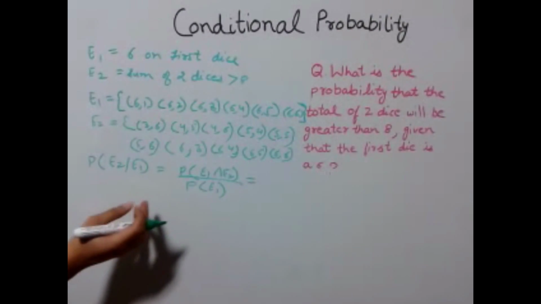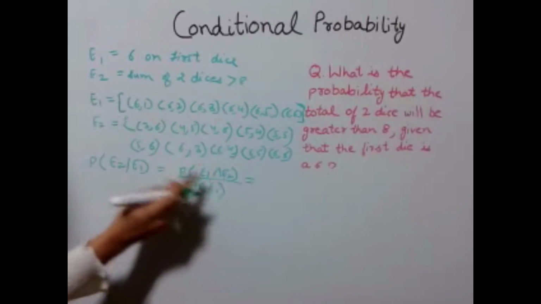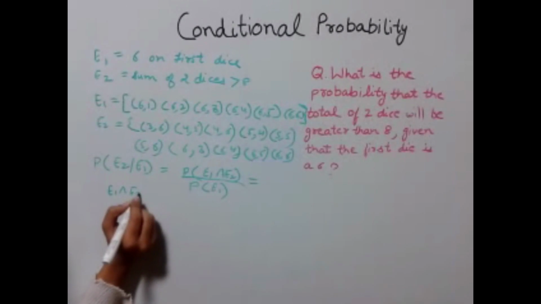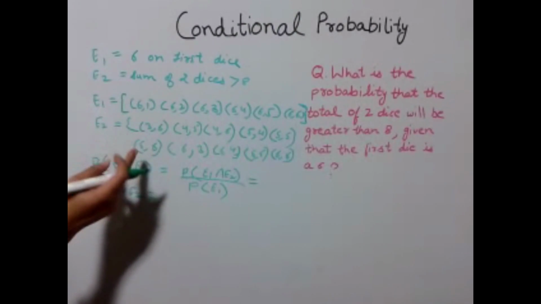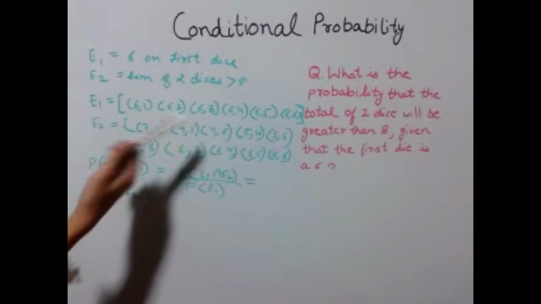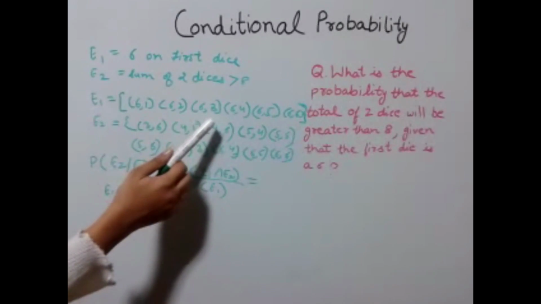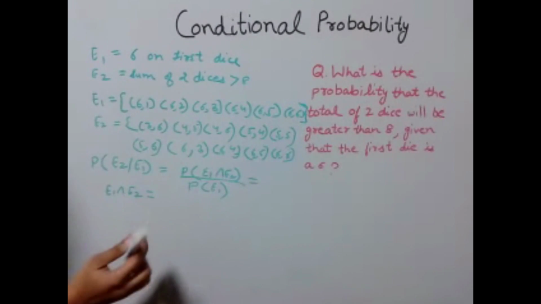Putting the values, E1 intersection E2 would be equal to those numbers which are greater than 8 in sum and have 6 in the starting. So there would be 4 such numbers, that is 1, 2, 3, 4.